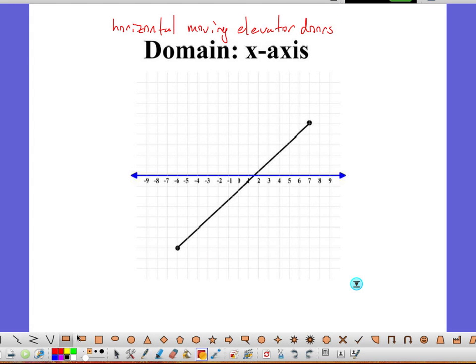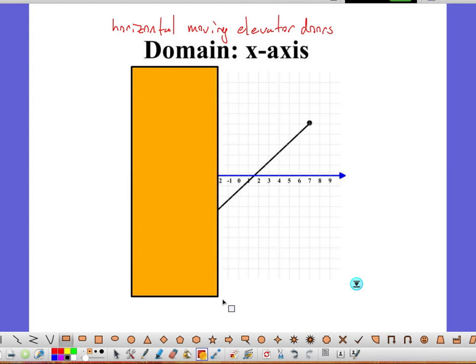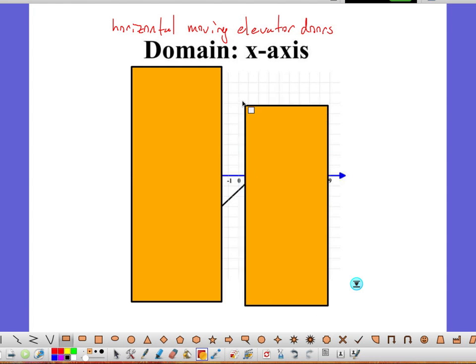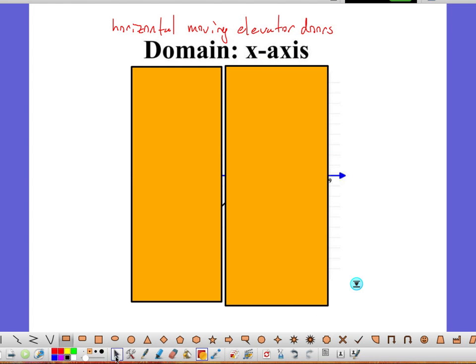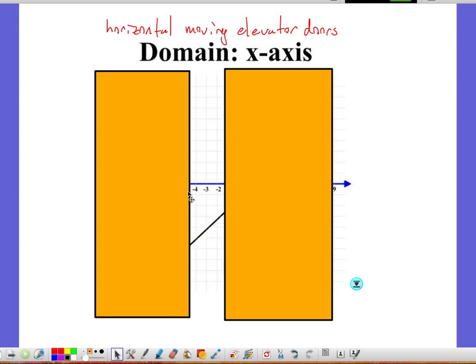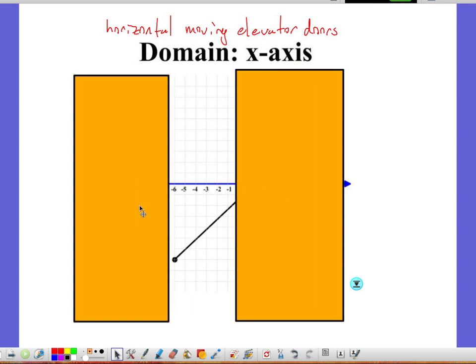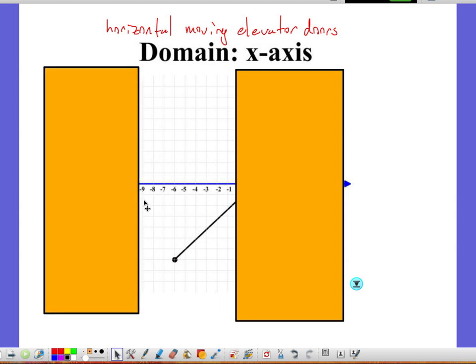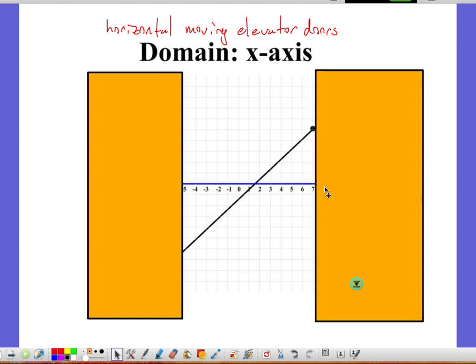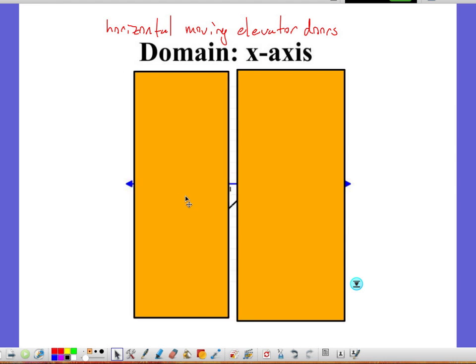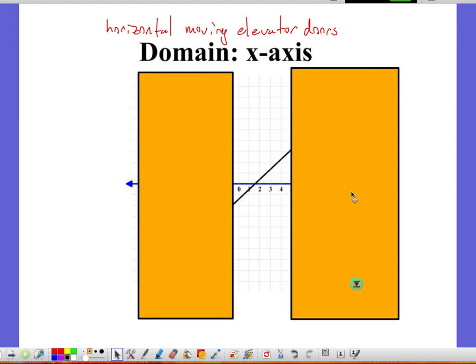Now, this is a new concept, but one that I like to use. So I'm going to create my elevator doors, and notice that these elevator doors only move horizontally. That's why they're horizontal moving elevator doors. Now there's something special about these elevator doors.